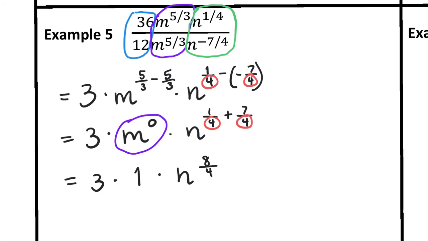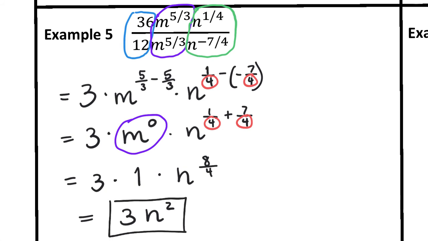So 1 plus 7 is 8 divided by 4. And so my final answer, 3 times 1 is 3, and then 8 divided by 4 becomes 2. Awesome.